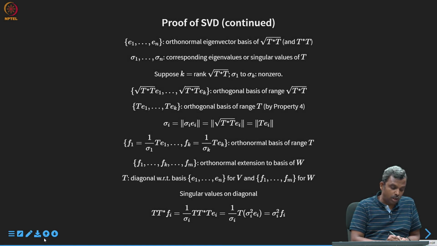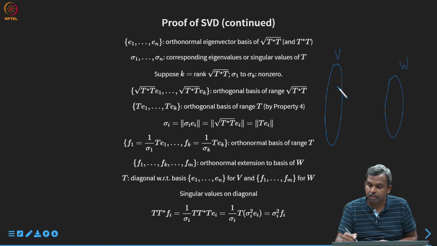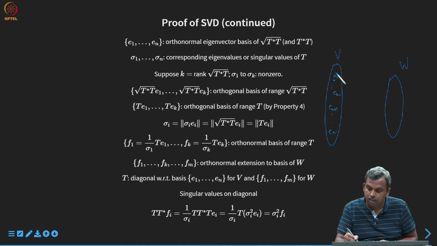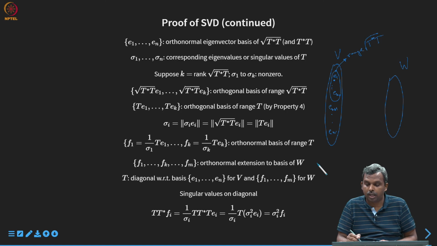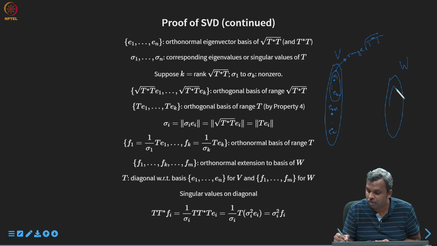So what has happened overall is, if you want a picture, you have V, and we have W here. There is an orthonormal basis E1, ..., Ek, Ek plus 1, ..., En. These are inside the range of square root of T star T. What happens when T is applied to these?